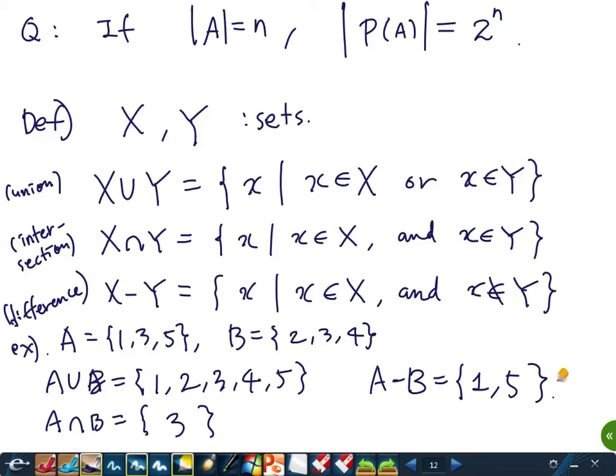So you compute these three sets like this. This is the definition of intersection, union, difference. Any question?